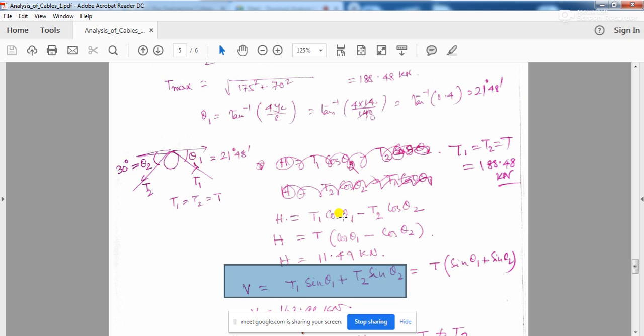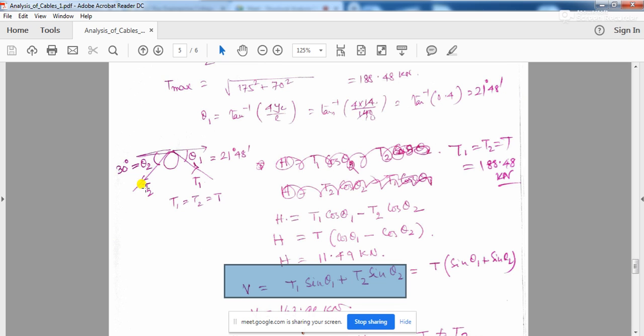Please understand this concept, or this fundamental mathematical thing is valid in case it is a frictionless pulley, as well as it will be valid for a saddle support also. Only in case of a saddle on rollers, this T1 may or may not be equal to T2. We will have to assume that T1 is not equal to T2.